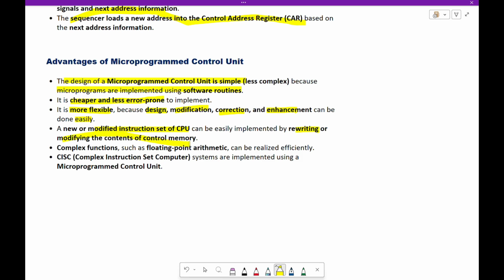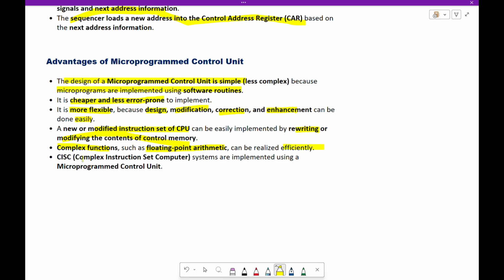If we want to add or modify the instruction set of the CPU, we just modify the program. There is no need to change hardware circuits. Complex functions such as floating point arithmetic can be realized efficiently.